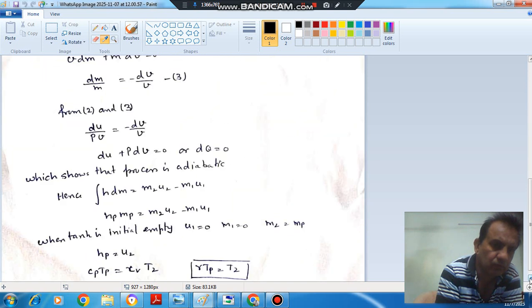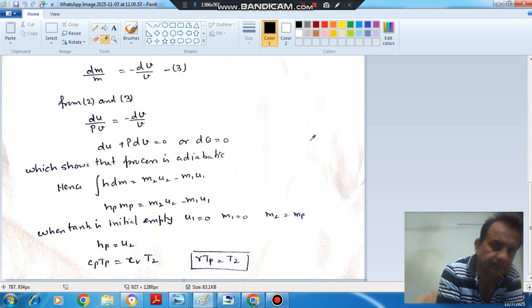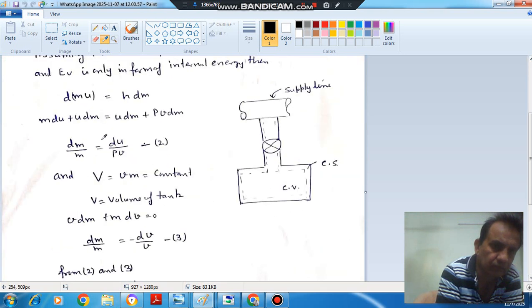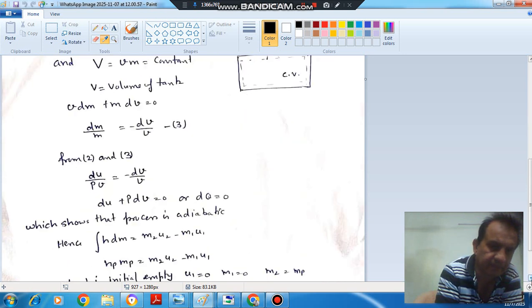Okay. So from 2 and 3, this is your dm by m from 2, and this is dm by m from 3. So you can equate the right hand sides. The right hand sides are du by pv and minus dv by v.